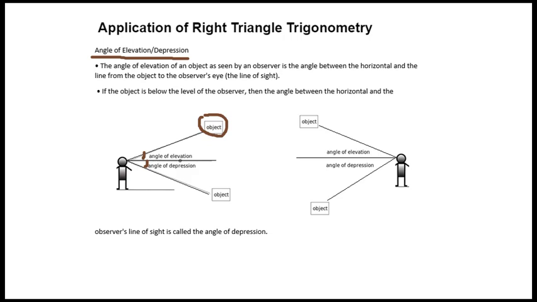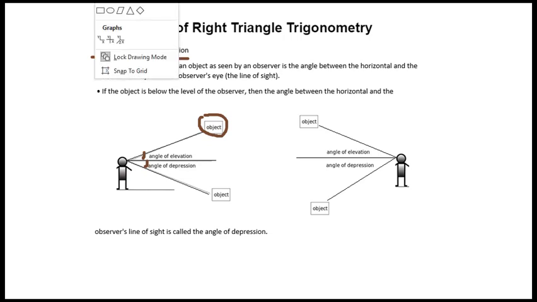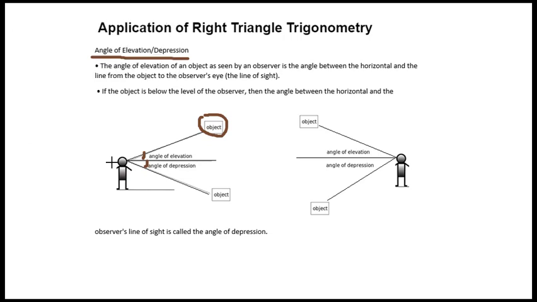For angle of elevation and the angle of depression, you need to remember these two angles are always formed by this horizontal line. In other words, the horizontal line will be the side of the elevation angle or depression angle.